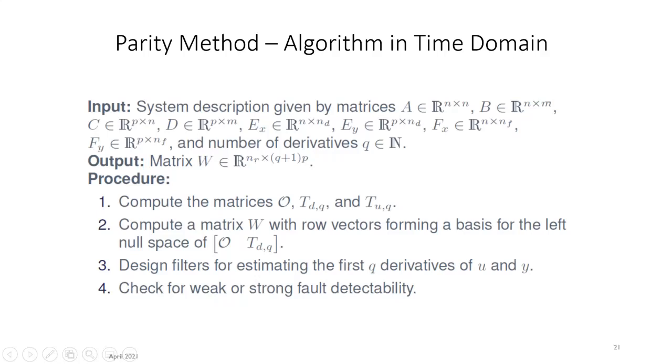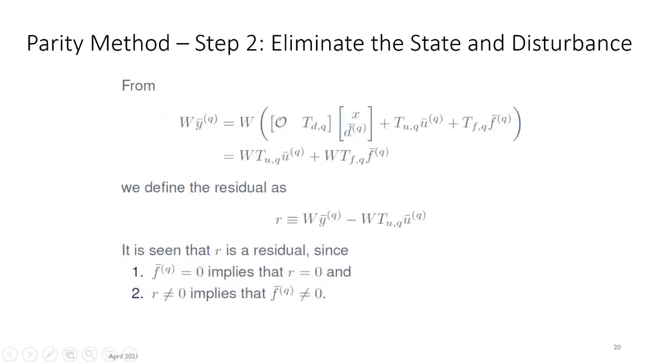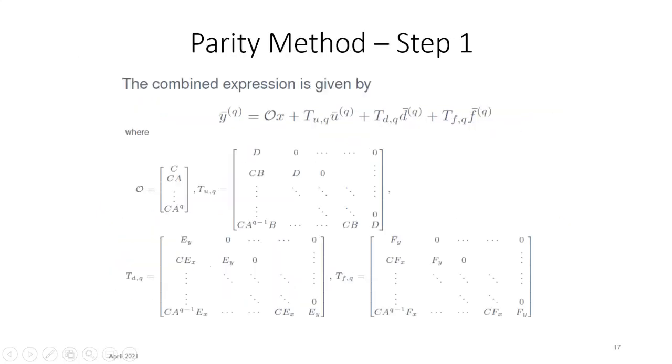So the first step is to form O, T, TD, and TU. How to form that? As I mentioned, we have these equations to form the matrix. So this is O, TU, TD, and TF as well.